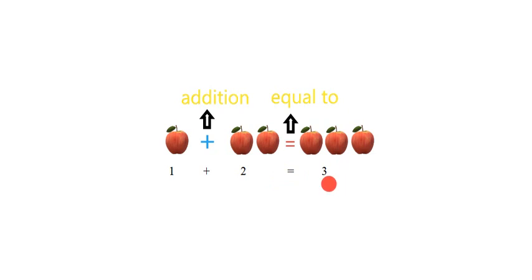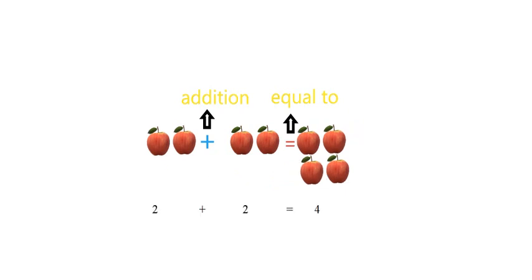Now 2 apples plus 2 apples equals, let's count them, 1, 2, 3, 4. 2 plus 2 equals 4.